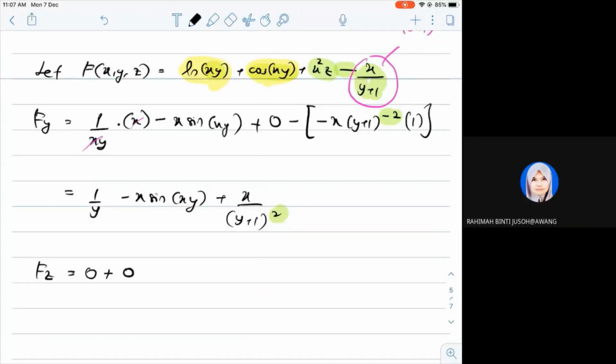We also get 0. How about this? X squared z, differentiate with respect to z. X squared, right? We will get x squared, yes. Okay, now the last term. X over y plus 1, differentiate with respect to z. 0, yes, we will get 0 again.